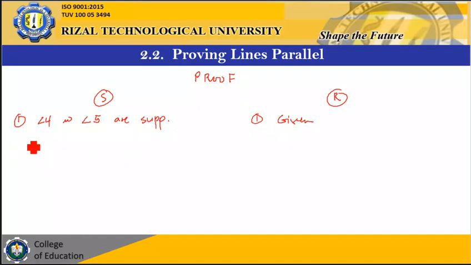So what is your knowledge when angle 4 and angle 5 are supplementary? We can say that the measure of angle 4 plus the measure of angle 5 is equal to 180. Okay, and this is the definition of supplementary angles.